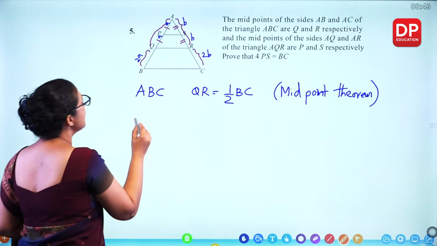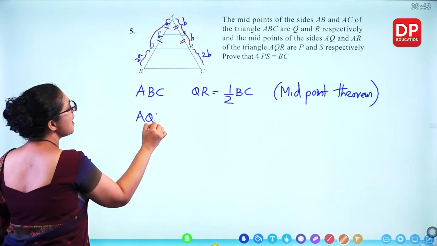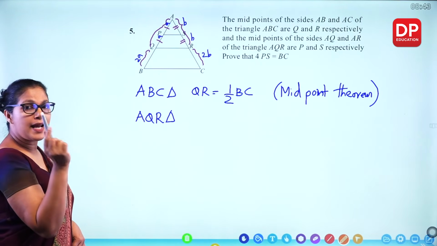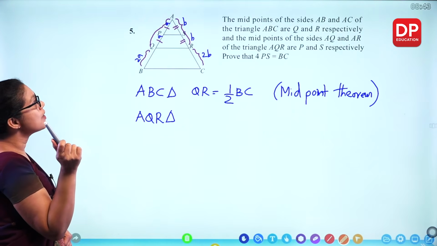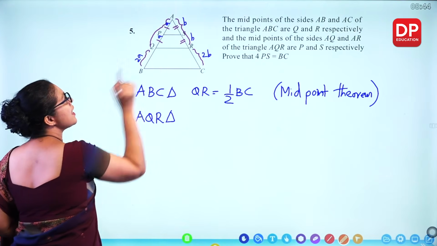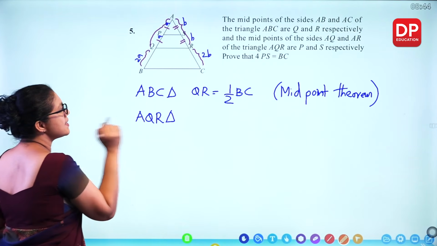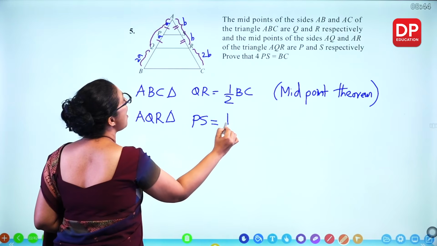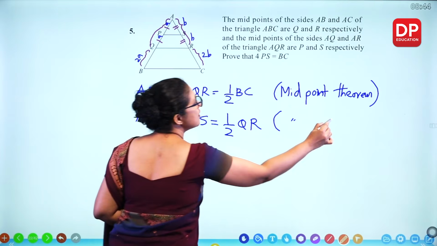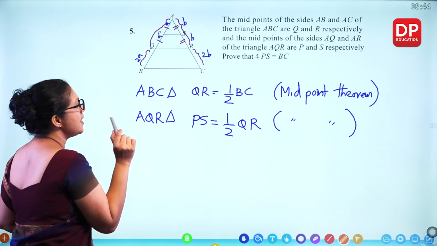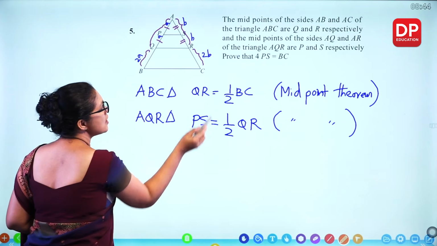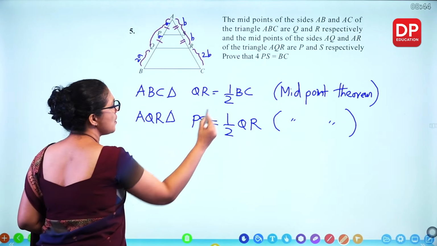Then take AQR triangle. Again we know P and S are midpoints. When you connect the midpoints, again we can say PS is half of QR. Same thing, midpoint theorem. Now we'll try this one with this one. Substitute instead of QR this one.